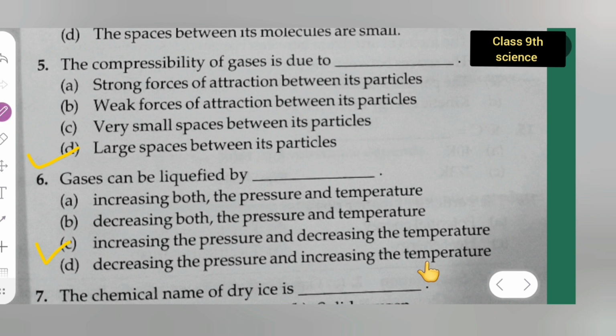Option C is the correct one, that is increasing the pressure and decreasing the temperature. Next, moving to the next part.